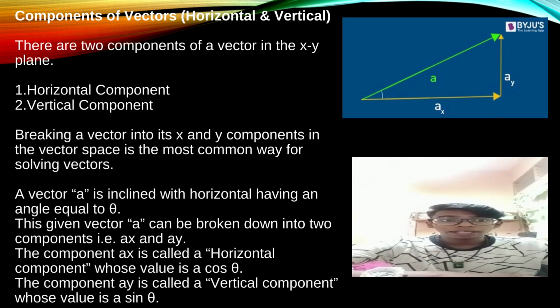A vector A is inclined with the horizontal at an angle theta. This given vector A can be broken down into two components, for example AX and AY. The component AX is called the horizontal component, whose value is A cos theta. The component AY is called the vertical component, whose value is A sin theta.